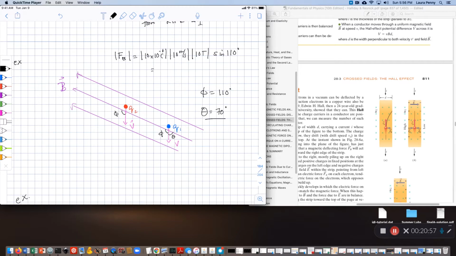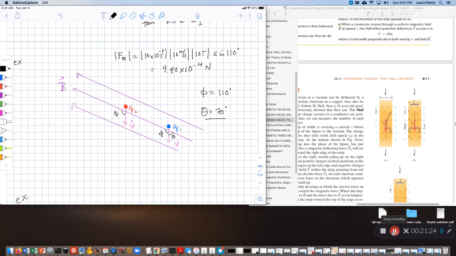So this is my same answer from before, but now I'm multiplying it times the sine of 110. Sorry, I had my calculator in radians, which won't work. So I get 9.40 times 10 to the negative 4 newtons. So it's slightly smaller, this force.